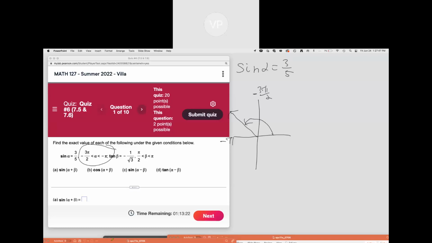All of that fancy talk is to tell you we are in the second quadrant. That's my alpha. Okay, so remember, 3 pi over 2 is down here because you go 270 degrees around. -3 pi over 2 is back over here. That's why it was where I listed it at top. Okay, so all that to show that alpha is in the second quadrant.